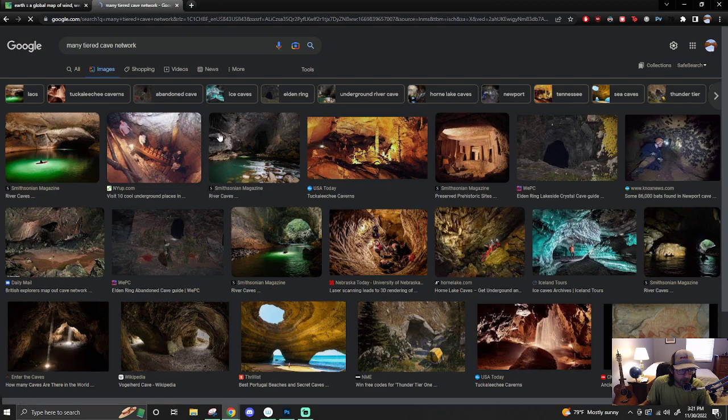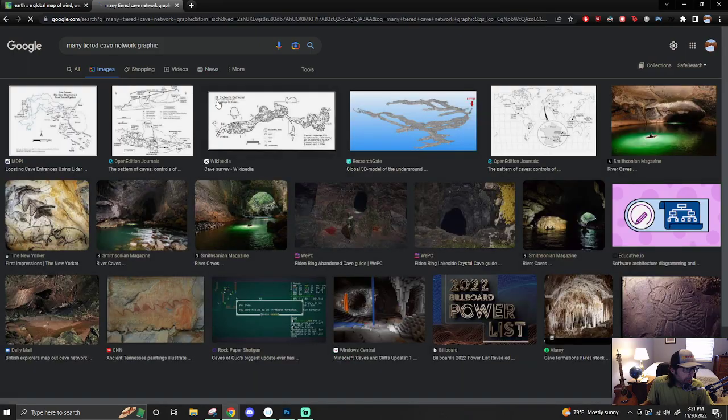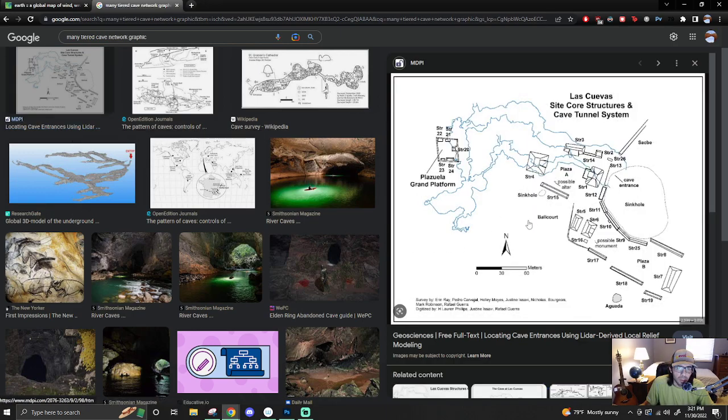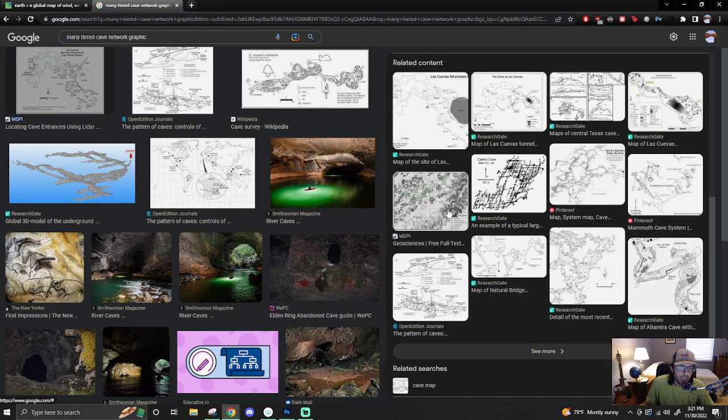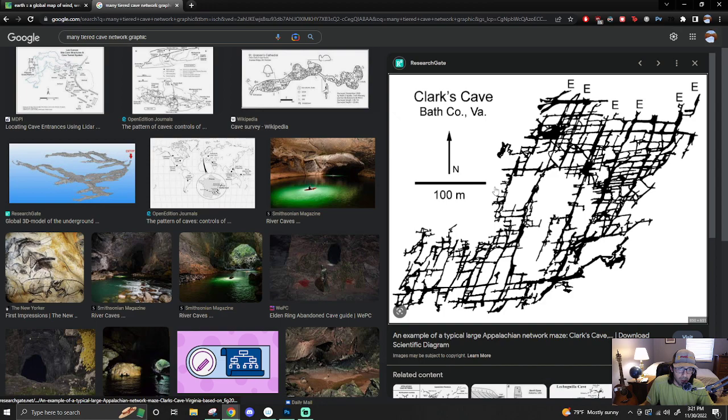Let's see if we can find a, not a real one, but a graphic maybe. I don't know. Something downward though, like actually down.